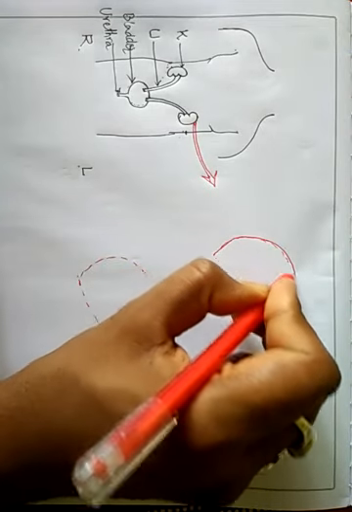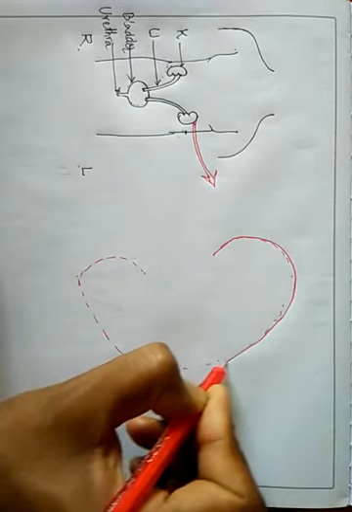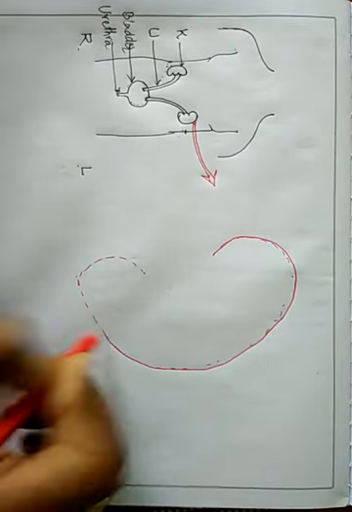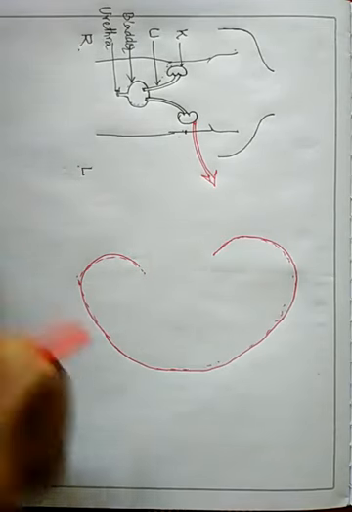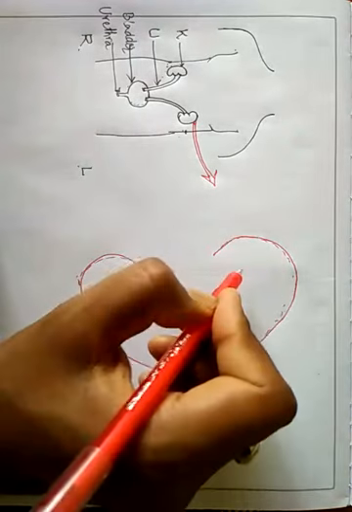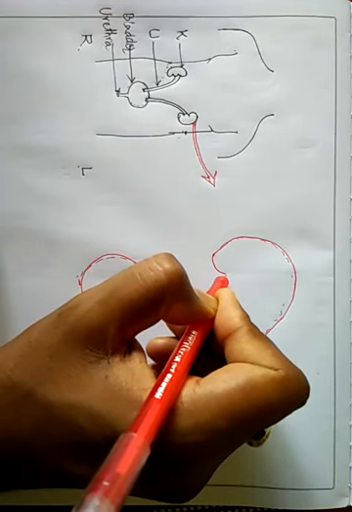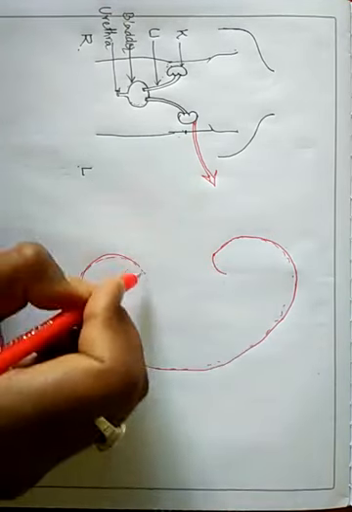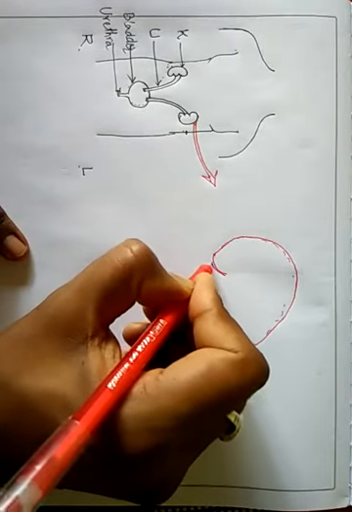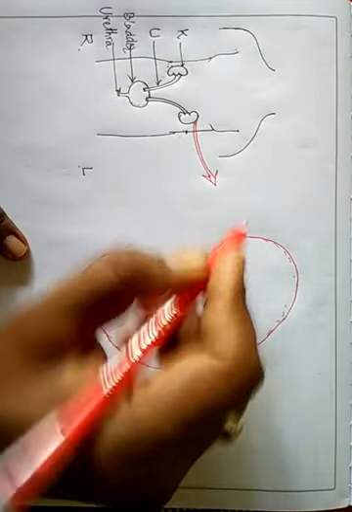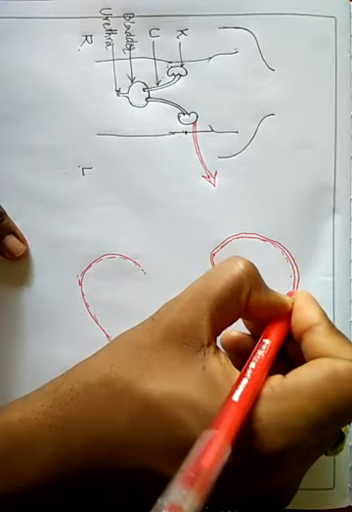So now I will complete these dots. In this way, and after that this is the outer part. One covering is present in this kidney, so outer lining indicates the covering, that is the capsule.